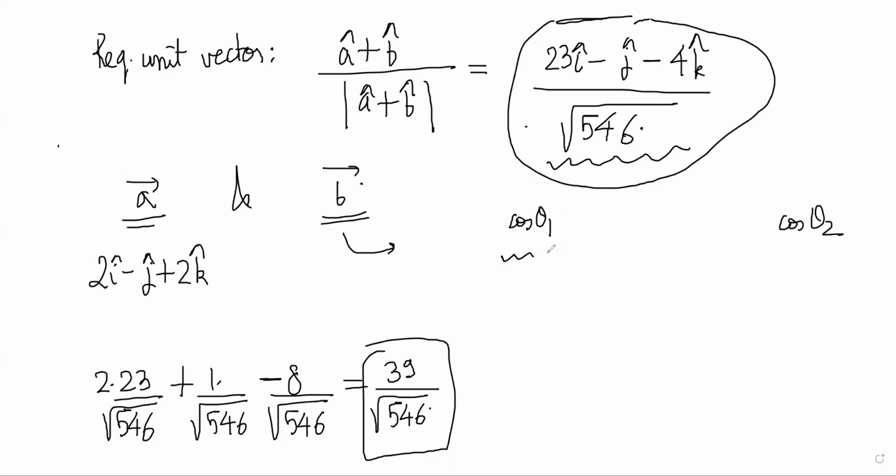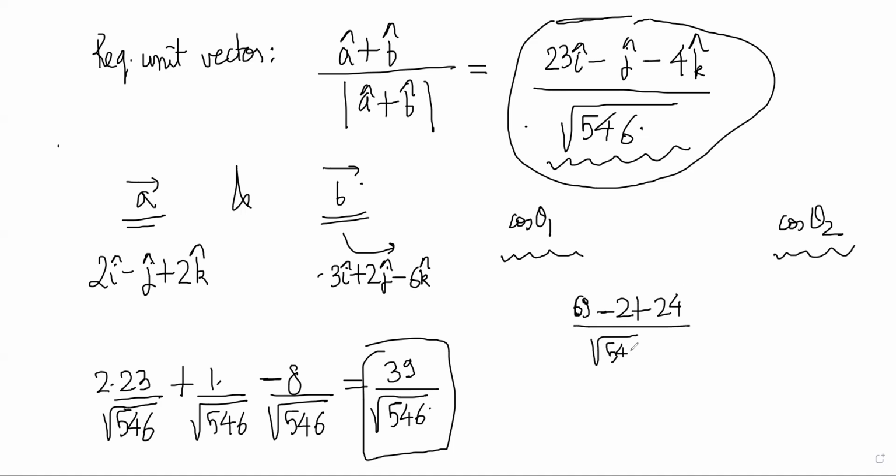It is slightly annoying to check, but if you check, the dot product with B vector, where B vector was 3I plus 2J minus 6K, will be 3 into 23, 69, plus 2, so minus 2 and plus 24 by root 546. So you're getting 67 plus 24, so 91 by root 546.